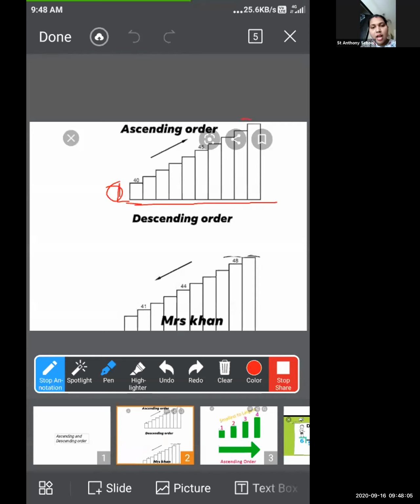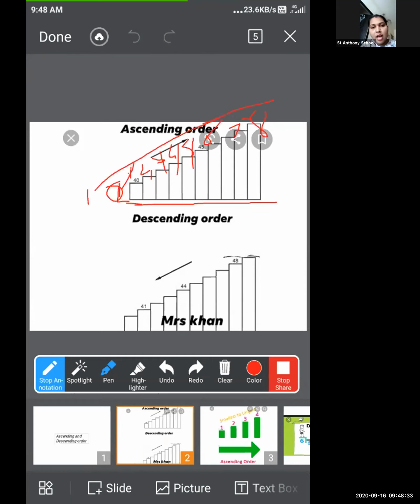For example, see 1, 2, 3, 4, 5, 6, 7, 8. Like this we climb the staircase. That means the numbers are increasing from the downside to upward.